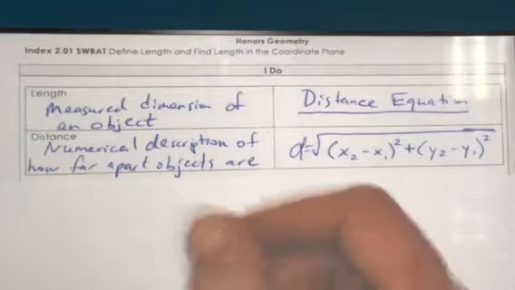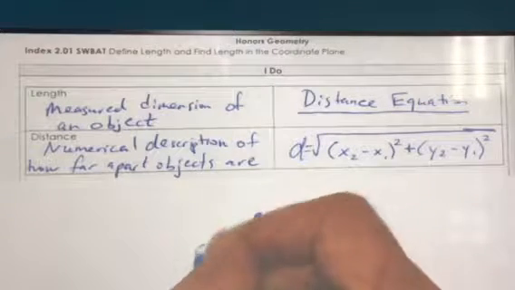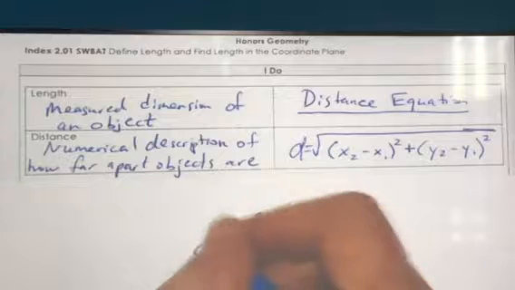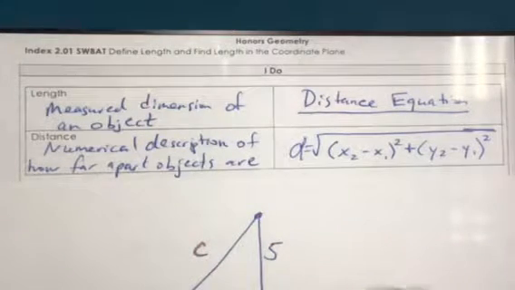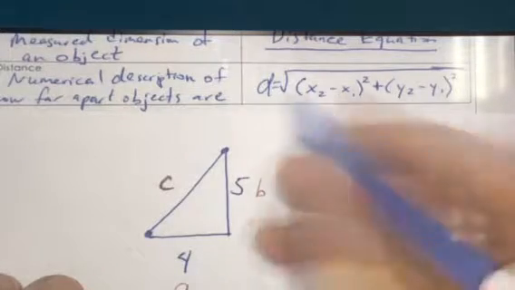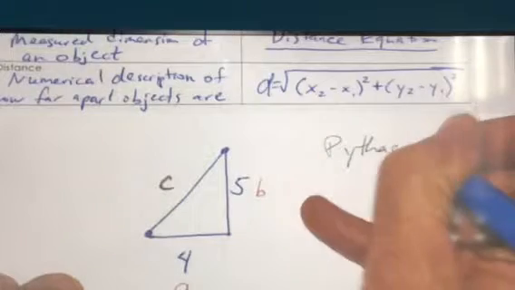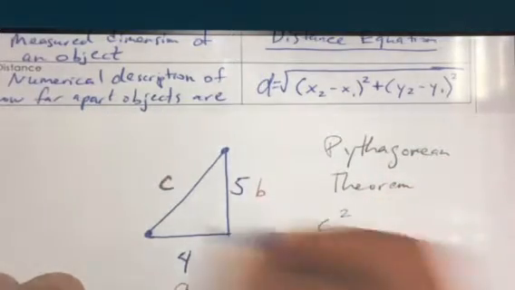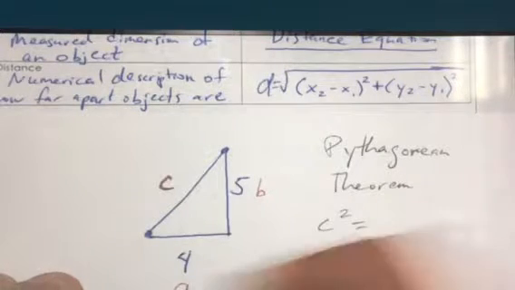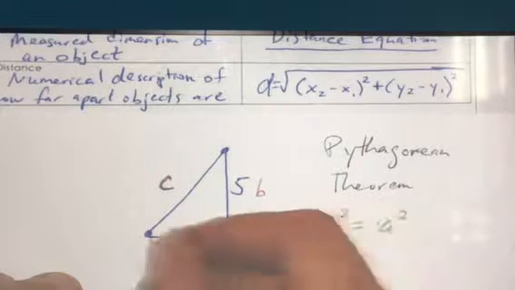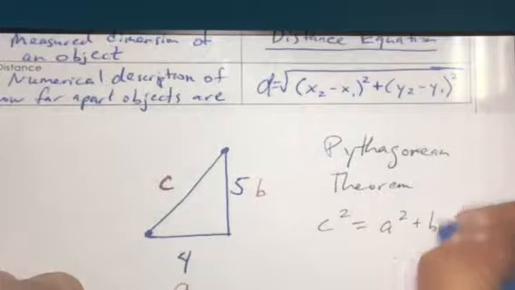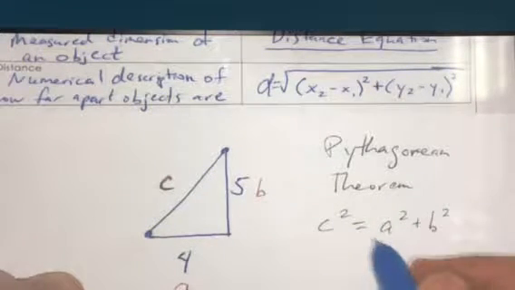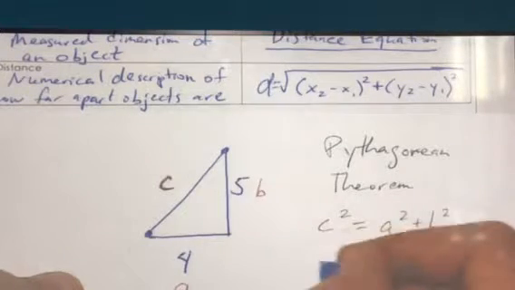So this diagonal distance, which we will call C, the hypotenuse of the triangle, we'll call this 4 A, we'll call this 5 B.